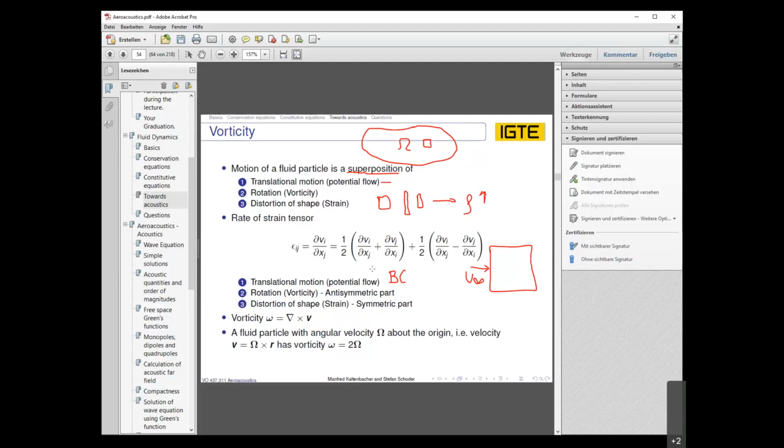And this means that there is no vorticity generated inside, and there is also no strain or distortion happening in this domain, and therefore it is purely potential and is just due to the boundary conditions acting on this differently shaped domain. So that's kind of potential flow.